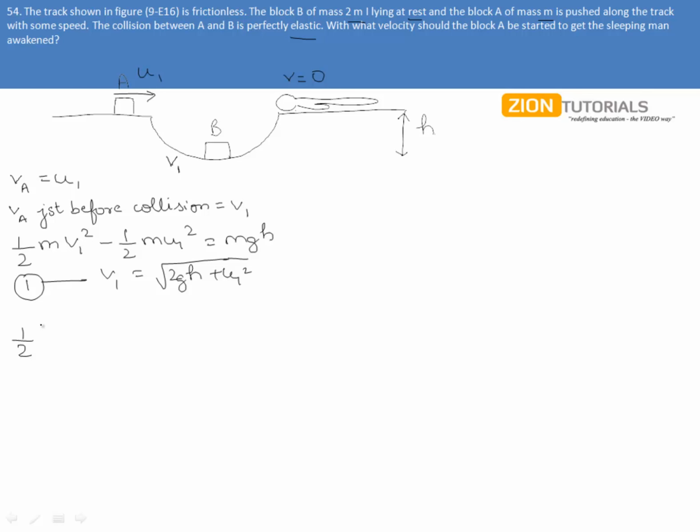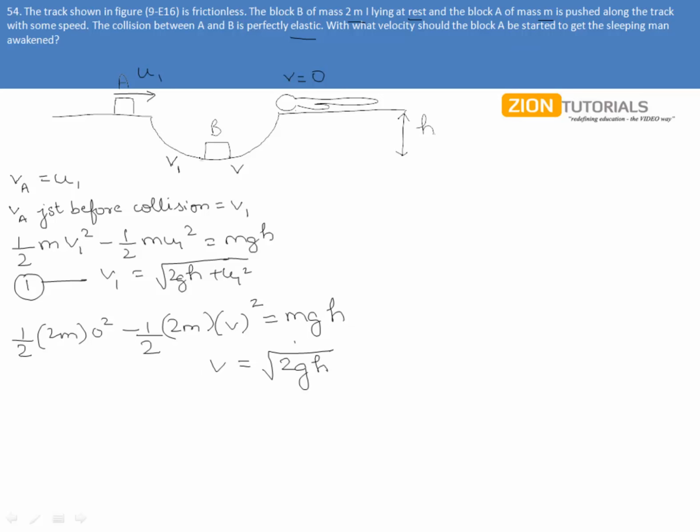So that will be the final kinetic energy being 0 minus initial kinetic energy being half of 2m into v square, where v is the initial velocity, that is just after the collision velocity of block B, equals to minus mgh. This gives me the velocity v to be under root 2gh.